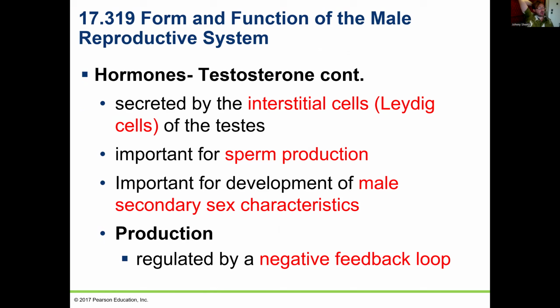And then finally, production is going to be regulated by a negative feedback loop. So when testosterone gets too high, that's going to cause the system to stop producing testosterone. It's going to terminate its own production. This is how we keep consistent sex hormone levels in our body.